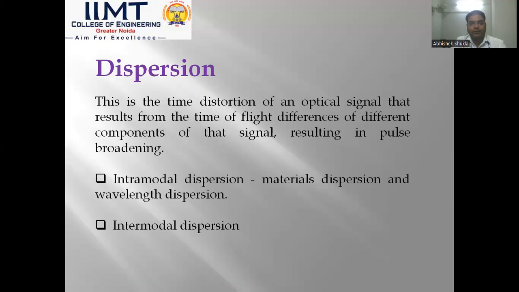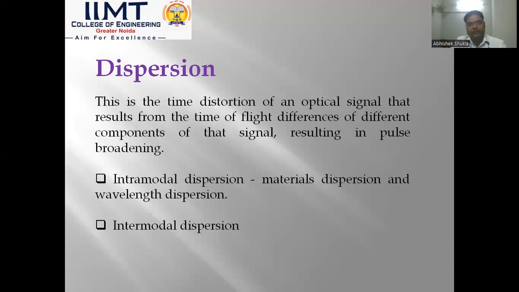This is the time distortion of an optical signal that results from the time of flight difference of different components of that signal, resulting in pulse broadening. Means at the same time, we are getting a time delay of the light waves. At the receiving end, we're getting different time intervals of optical signals. This also causes loss, or we cannot detect the signals in a proper way.